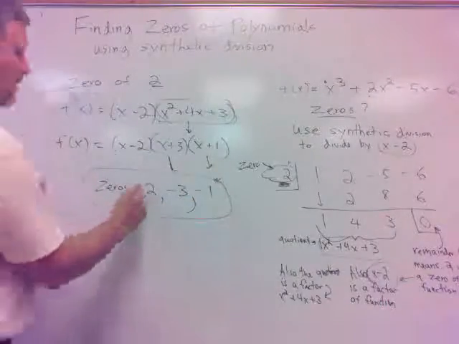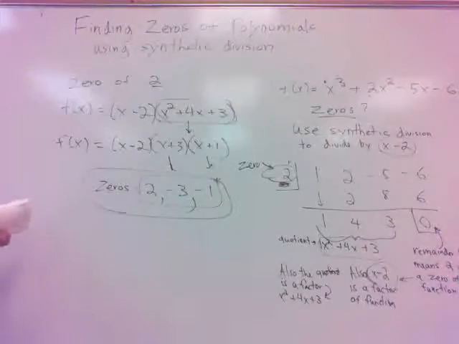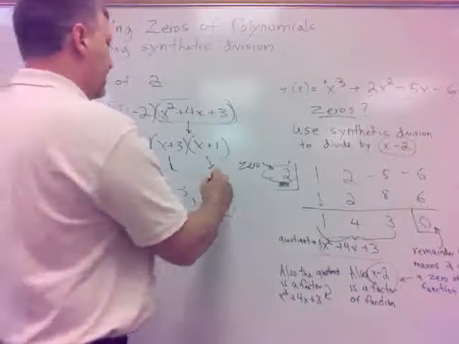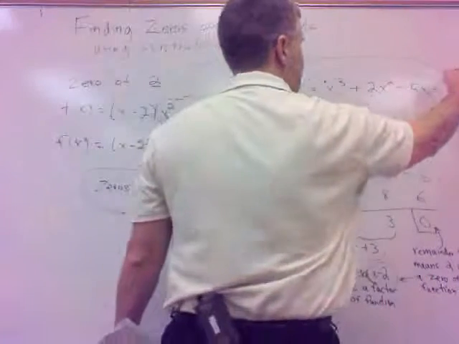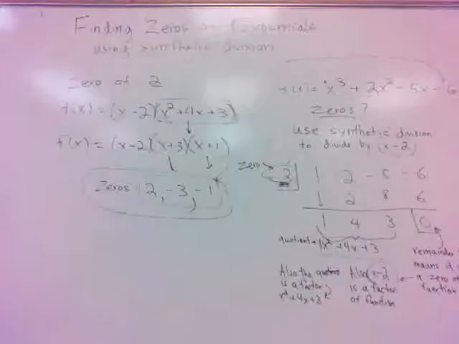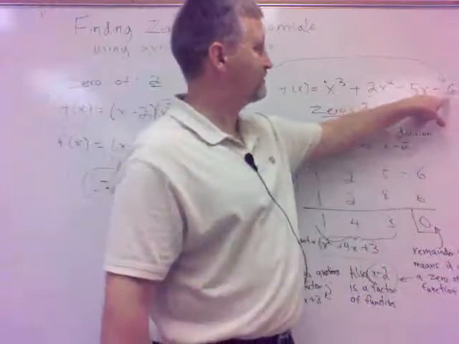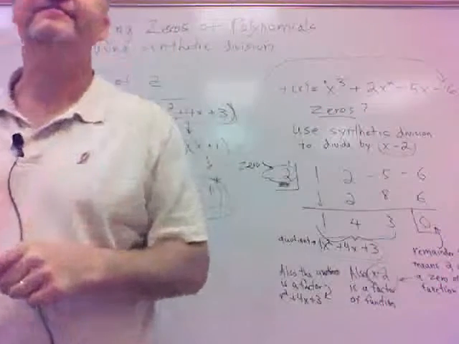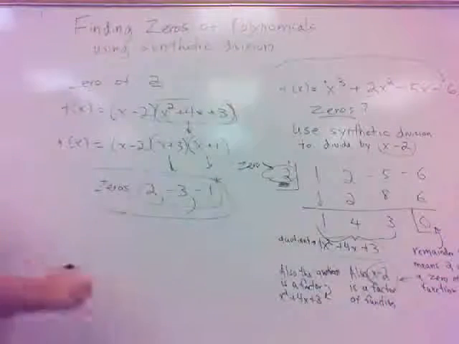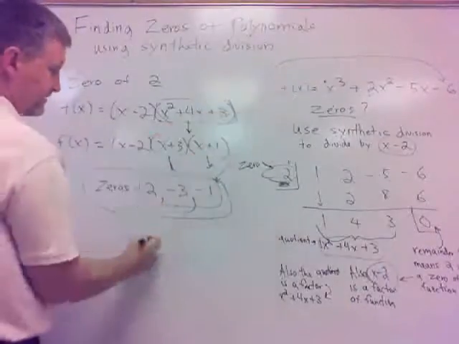Do you notice that all of these zeros, they are integers, not fractions or anything like that. But notice something about them and the constant term of the polynomial there. Notice that these 2 and negative 3 and negative 1 are all factors of negative 6. 2, negative 3, and negative 1 are all factors of the constant term, the negative 6.